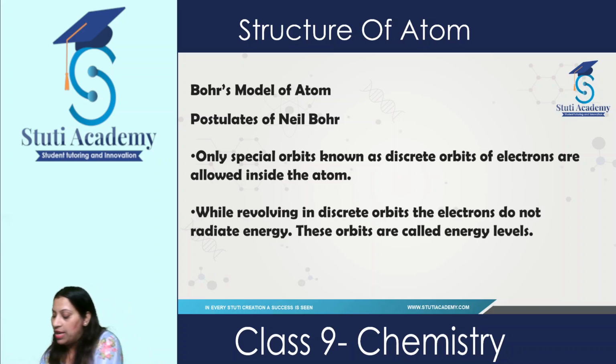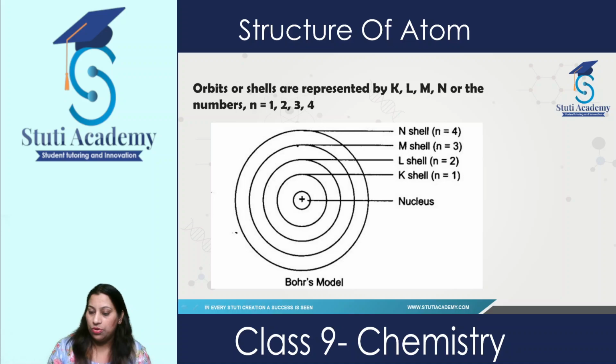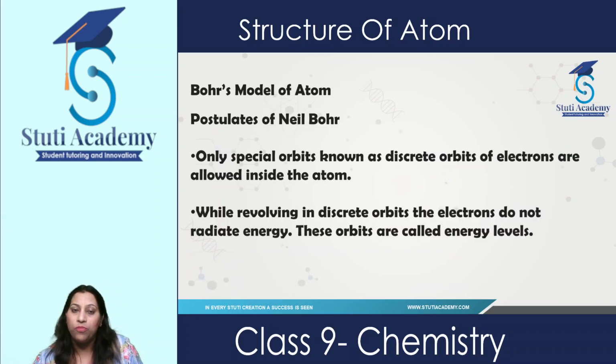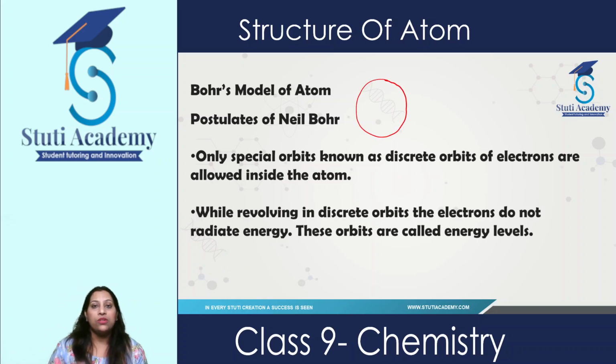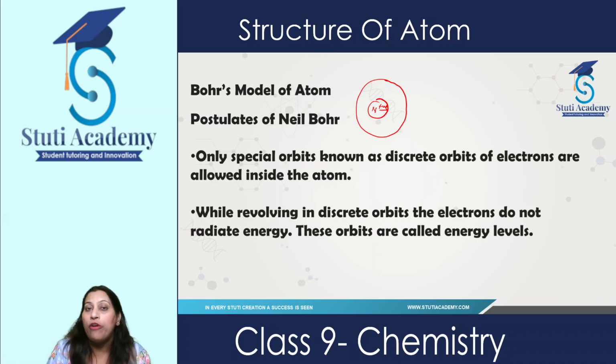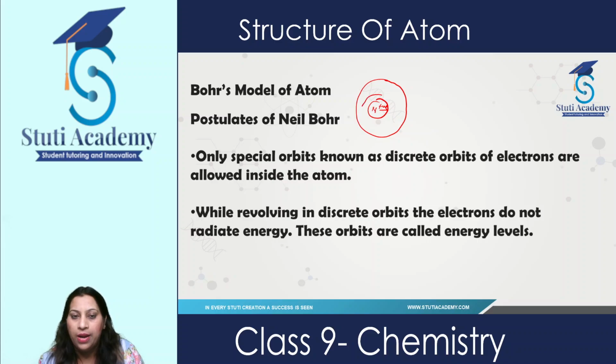So when these electrons are revolving, here I'll draw the structure of atom according to the Bohr model. This is the structure of the atom. It is spherical in structure, and the nucleus is present in the center, on which positive charge is present due to the presence of protons, and the electrons are revolving around it in particular energy shells.